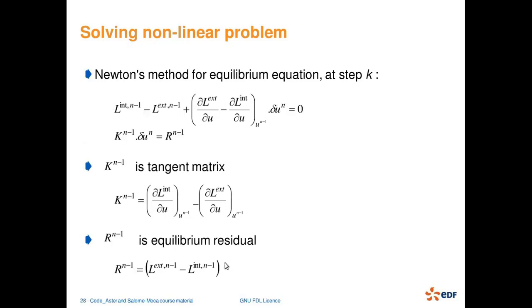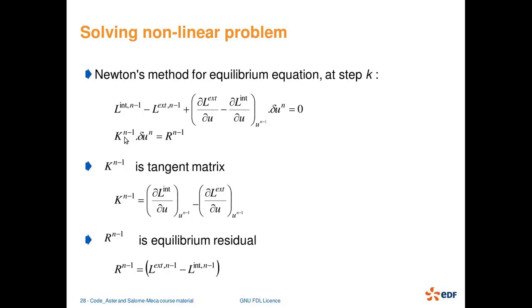Then if I subtract one equation from the other, we get this equation. The difference of internal load at the previous step and external load at the previous step, plus this derivative at the previous step multiplied by the incremental displacement, must be 0 for equilibrium.